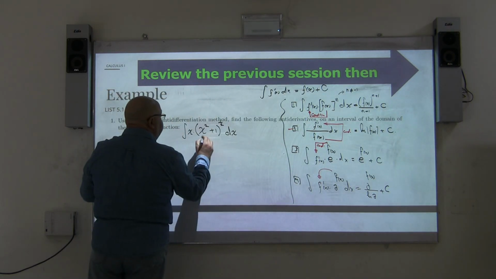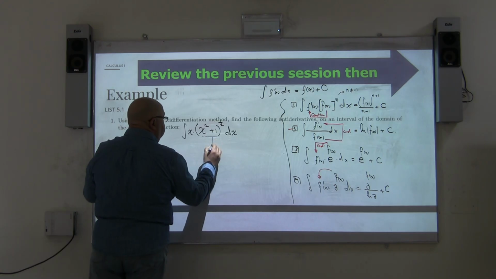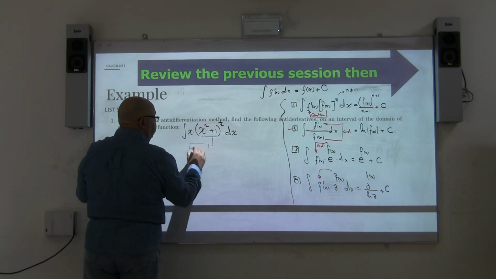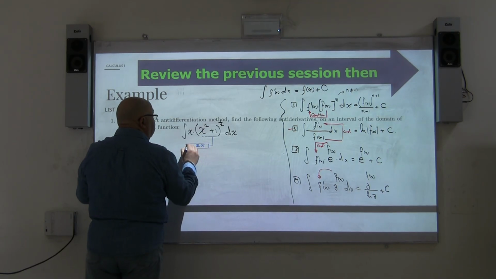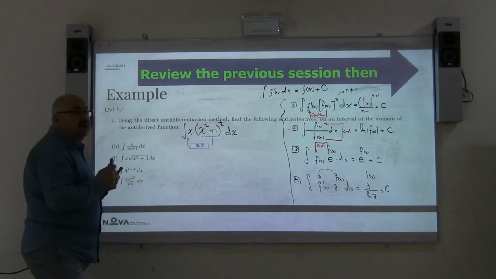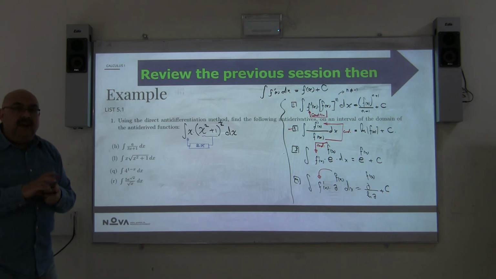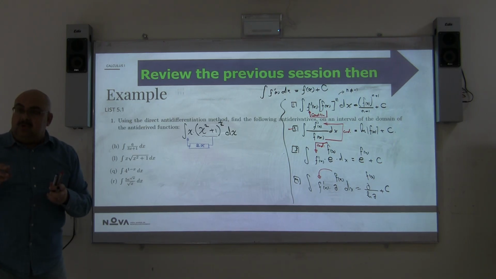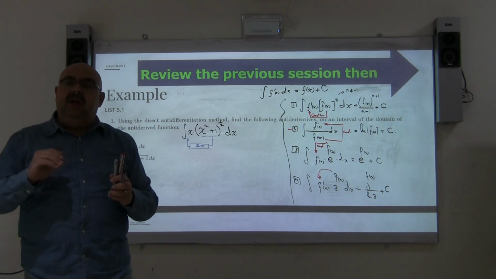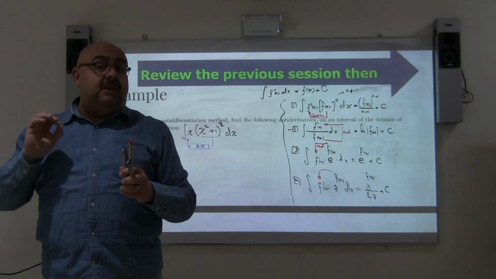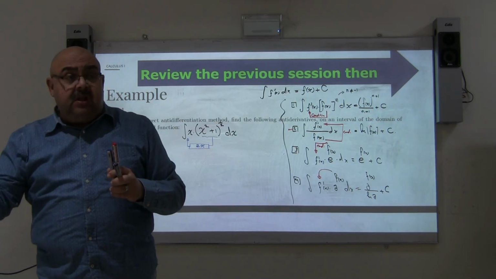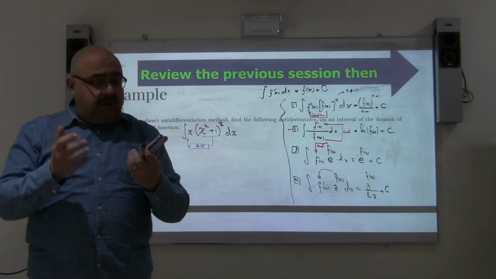The derivative of what's inside the bracket, the derivative of f of x, is 2x. I can see this x beside this bracket, so I can build or find this value. Usually I can't multiply by a variable and divide by this variable, but I can simply multiply by a constant and divide by this constant. So it's very, very simple.